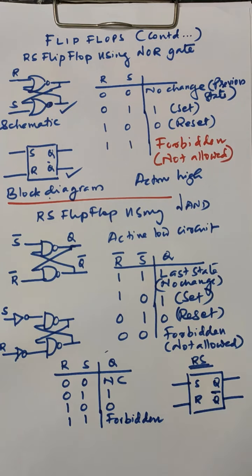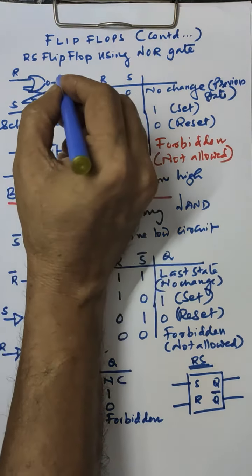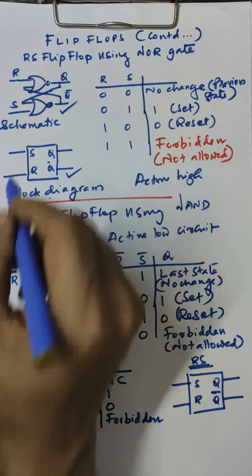One thing that you have to notice while drawing these two diagrams is a small tip. In this case, this is Q and this is Q bar.